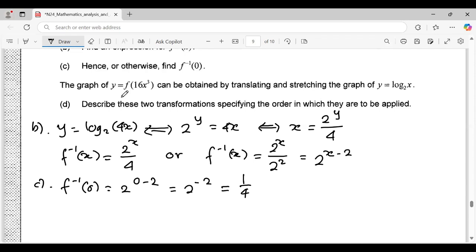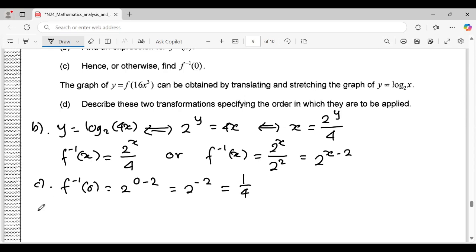The graph of y equals log 2 of 16x cubed can be obtained by translating and stretching the graph of y equals log 2x. Describe the two transformations, specifying the order in which they are to be applied.